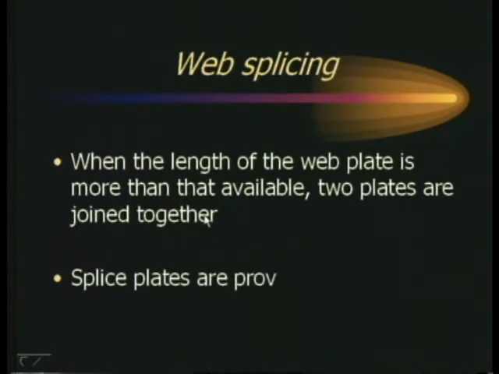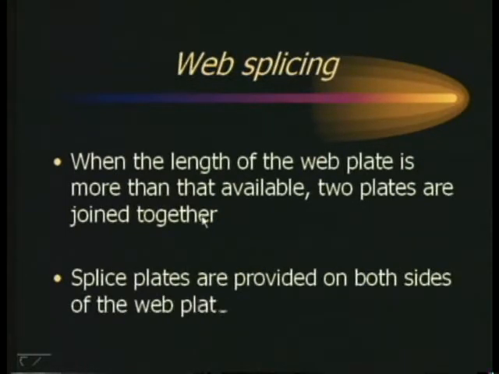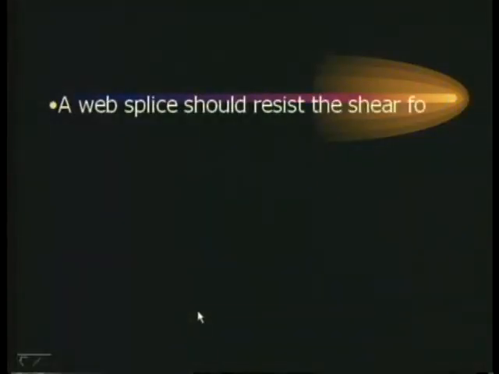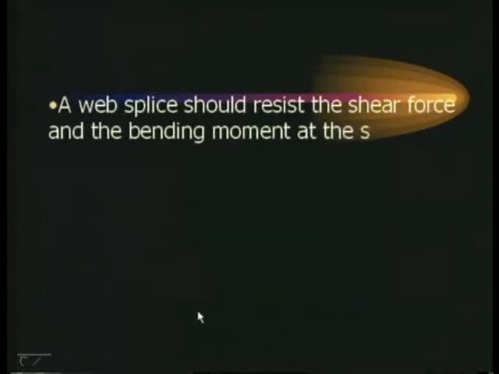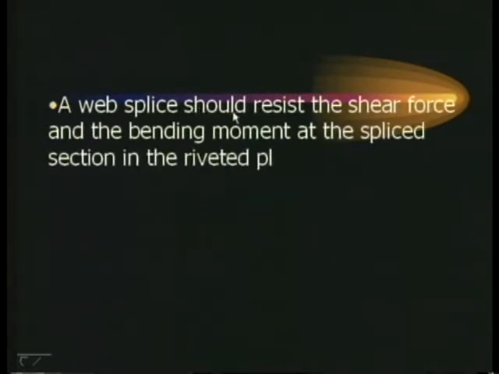When do we opt for web splicing? When the length of the web plate is more than that available, 2 plates are joined together. Fine? And now splice plates are provided on both sides of the web plate. Now take down this point also. A web splice should resist the shear force and the bending moment at the spliced section in the riveted plate girders.